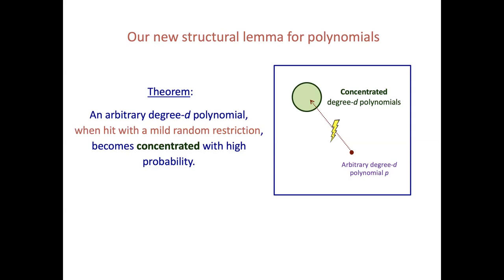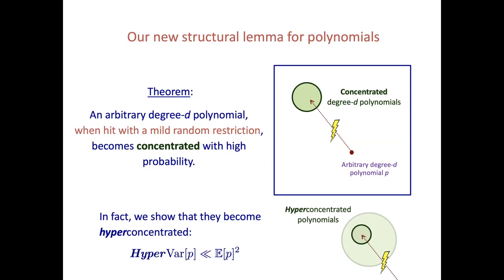But before moving on, I should mention that we in fact show something stronger, which is that P becomes not just concentrated, but hyperconcentrated, where hyperconcentrated polynomials are a further subclass of concentrated polynomials. The definition of a hyperconcentrated polynomial is slightly technical, and I will not give it in this talk.